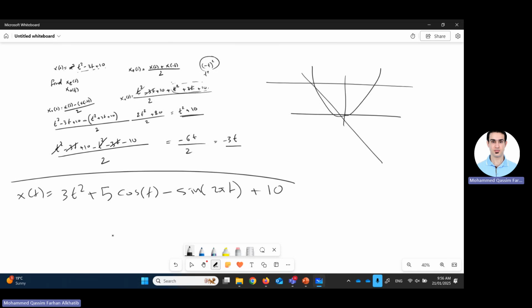You can confirm the answer by looking at it. Find the even part. Find the odd part.